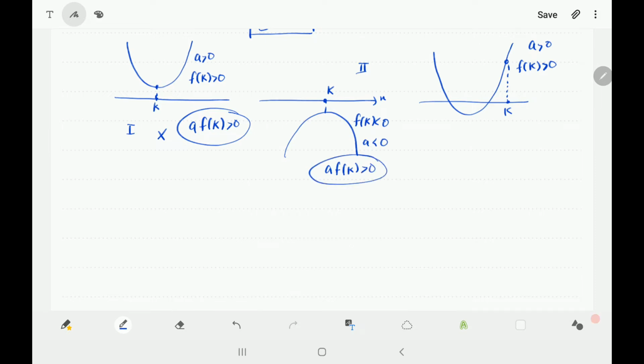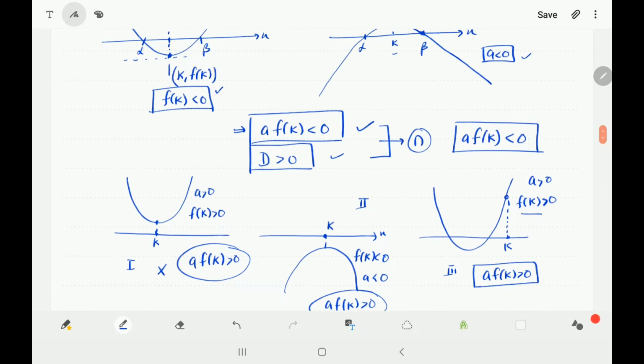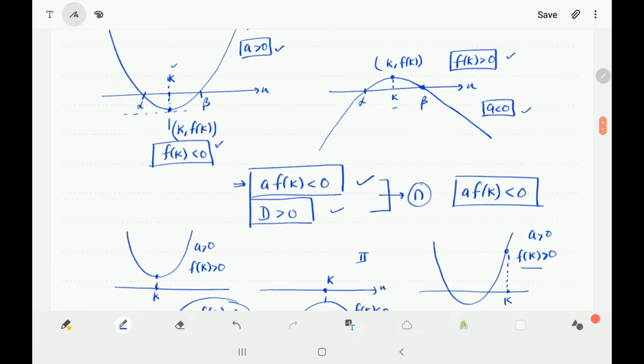In the third case, k is outside the roots. Now f of k is positive in this case and a is also positive in this case. So the product of these two terms will also give a into f of k greater than 0. So if you clearly see, a into f of k will be negative only in these two cases when k is between the roots, and hence d greater than 0 is automatically ensured.